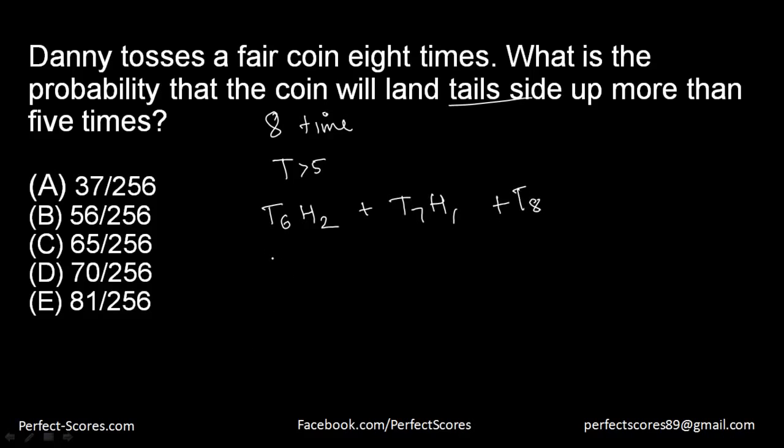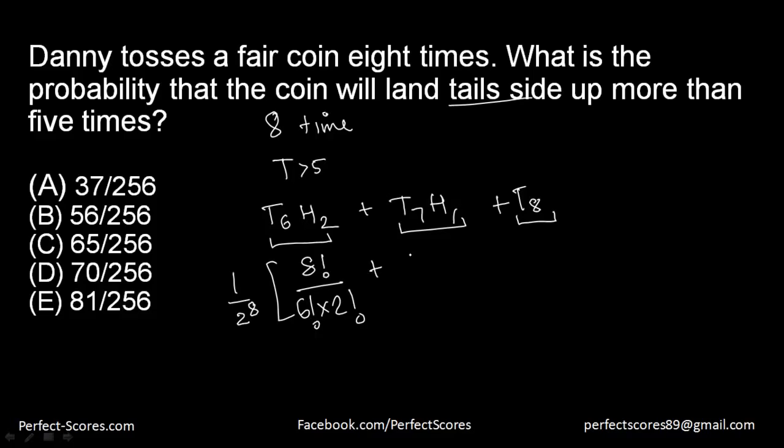Right? Now 1 by 2 to the power 8 will be common to all, so I can take it common. Now the combination here is 8 factorial by 6 factorial into 2 factorial. Similarly over here it would be 8 factorial by 7 factorial, and it would be 1 here.